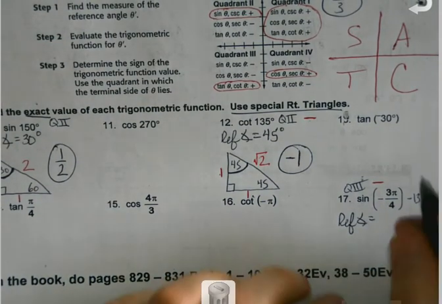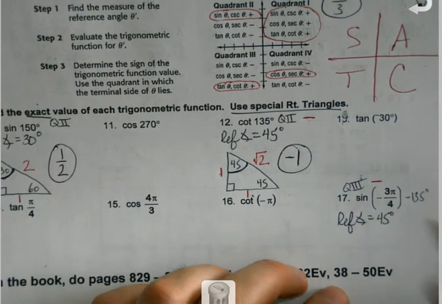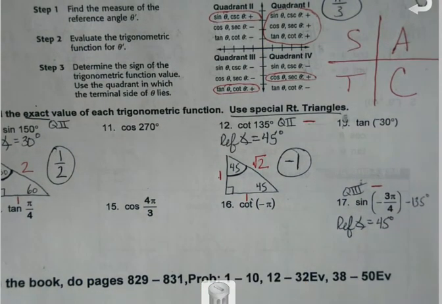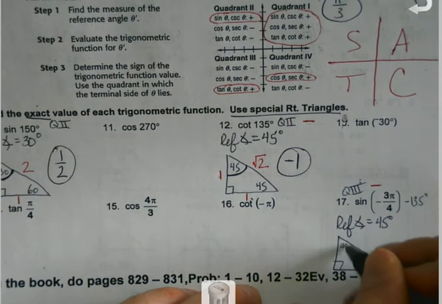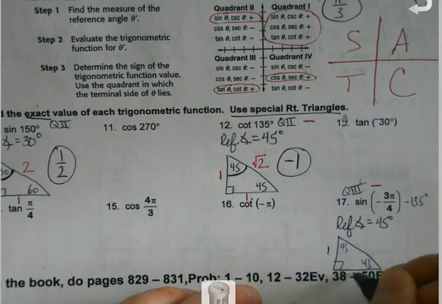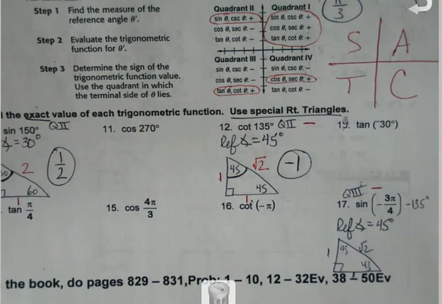Our reference angle is going to be 45. Because again, if I did a negative 135, my closest axis is going to be at negative 180. So I just got to kind of keep these things in mind a little bit. So you're like, okay, so it's a 45, 45, 90, 1, 1, square root of 2.